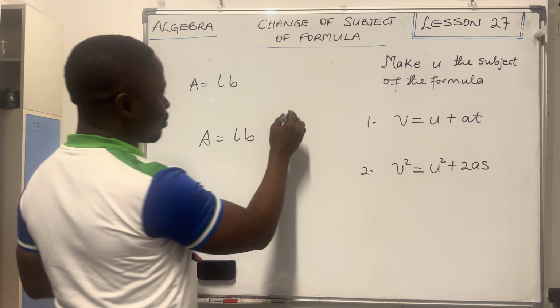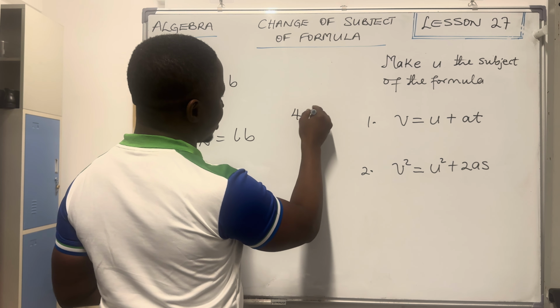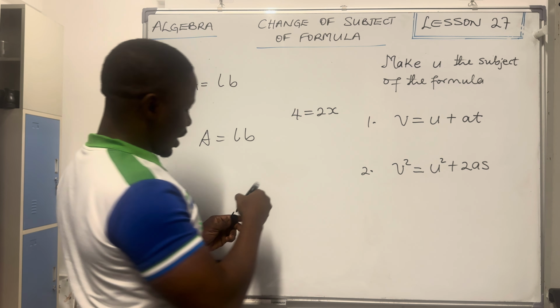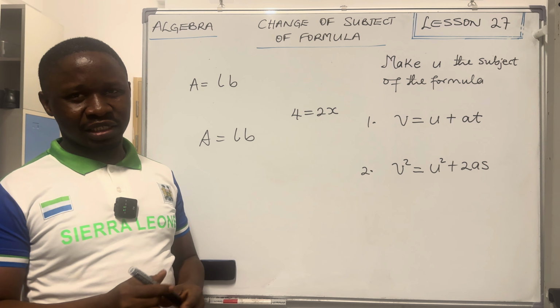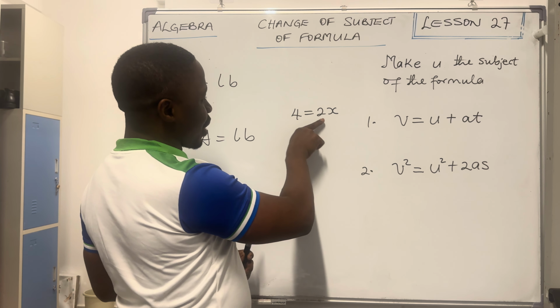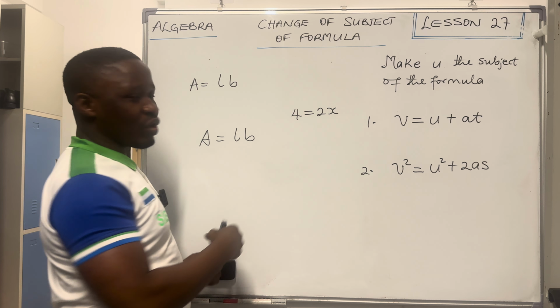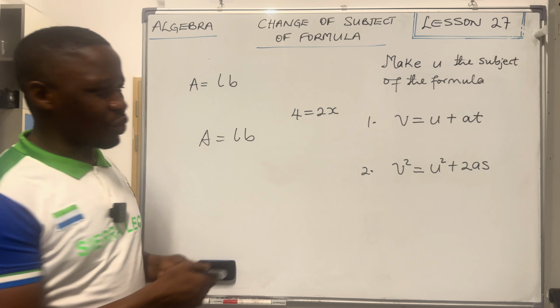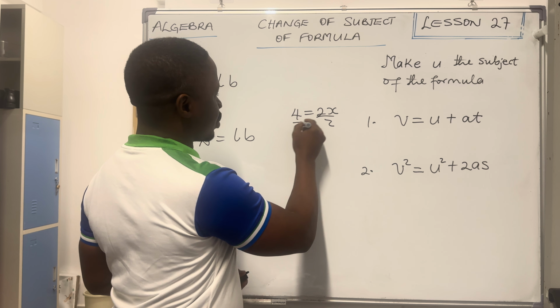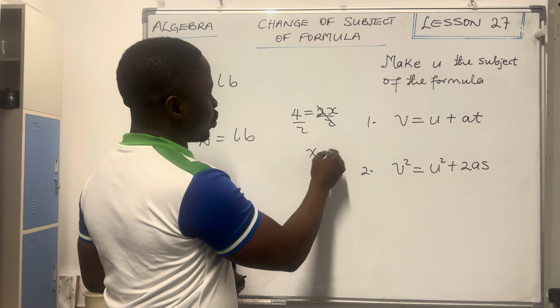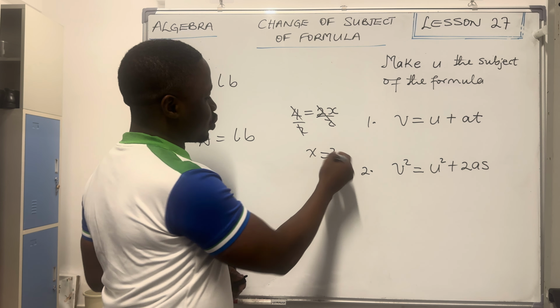Now let's say we have 4 equal to 2x and you want to find x. On the right hand side we have one term. So if we need x, we divide both sides by 2. So x is equal to 2.